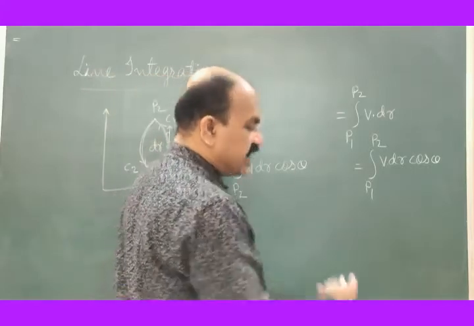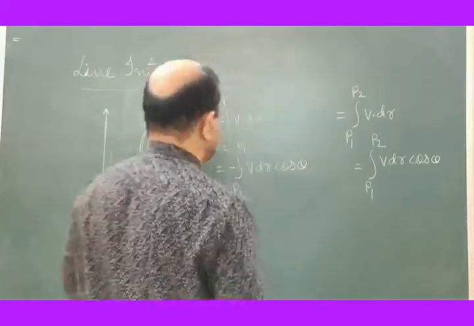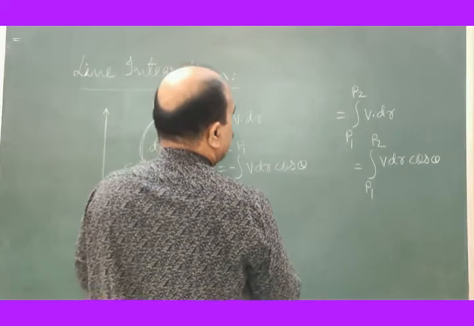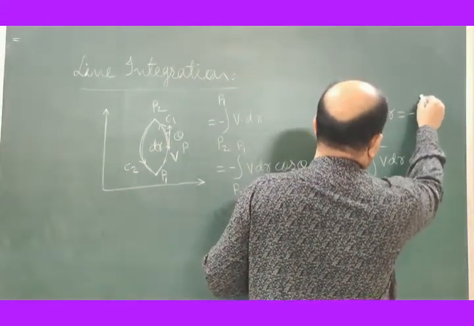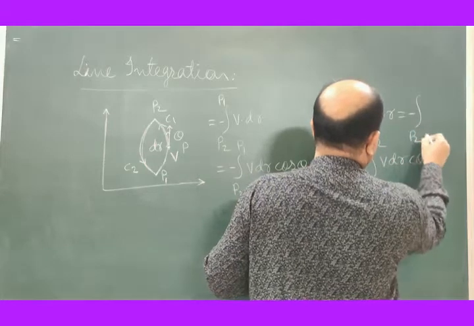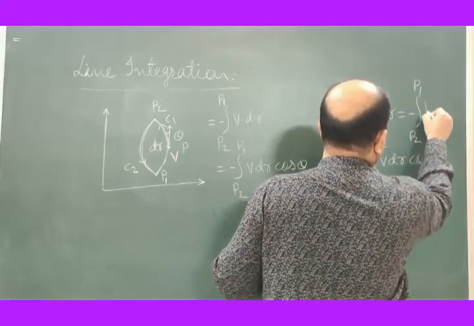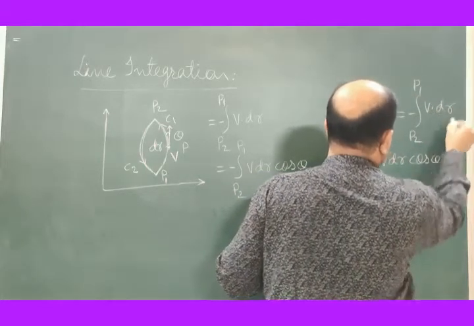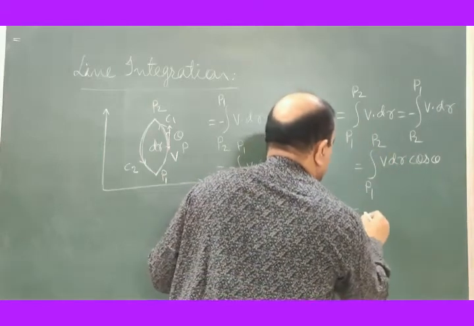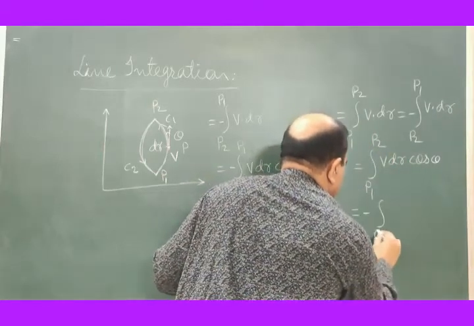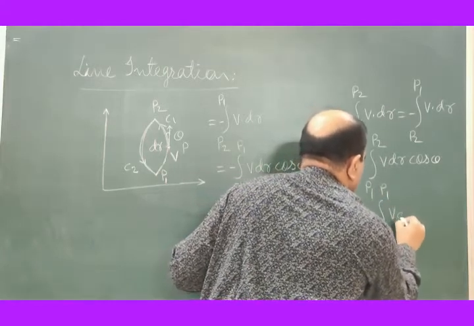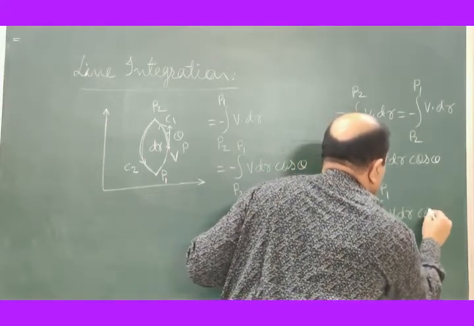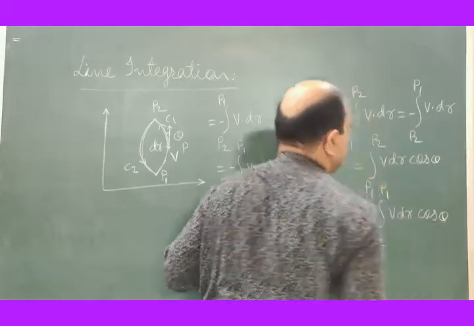Or we can simply write here, this is equal to minus of the integral from P2 to P1 of V dot dr, and this is equal to minus of the integral from P2 to P1 of V dr cos theta.